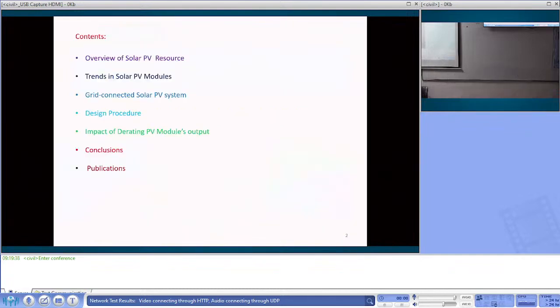I had planned something like this, but looking at the time constraint I will have to limit the content. Overview of solar PV resource, because the source is solar PV. Solar energy comes from the sun. The sun gives us light as well as heat. Here we are more interested in solar PV.